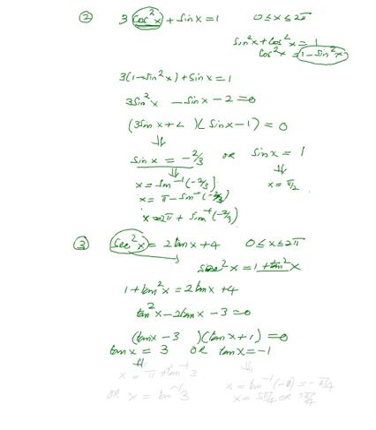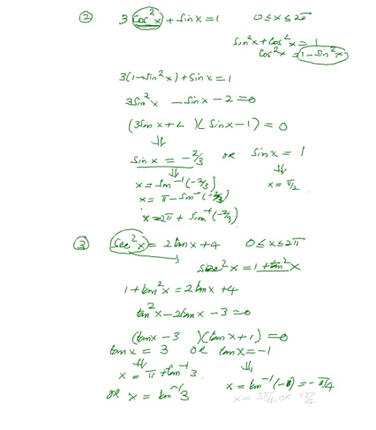So this will give us a solution x equals tan inverse of 3, and obviously tan of x equals negative 1 will give x equals tan inverse of negative 1, which is in fact negative pi over 4.